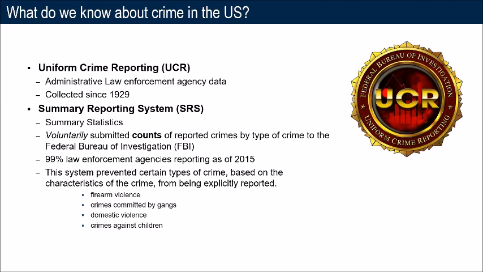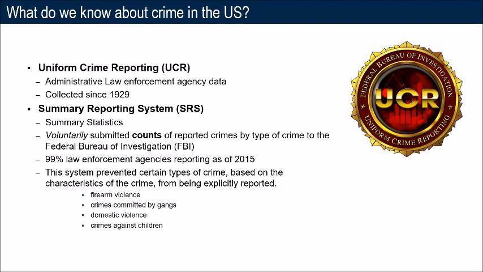So let's start with, what do we know about crime in the United States? There is a program called the Uniform Crime Reporting, UCR, that has been collecting administrative data from law enforcement agencies since 1929. Typically the big data set they collect is the Summary Reporting System.